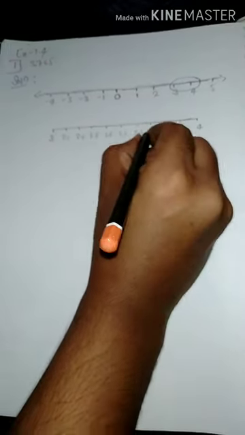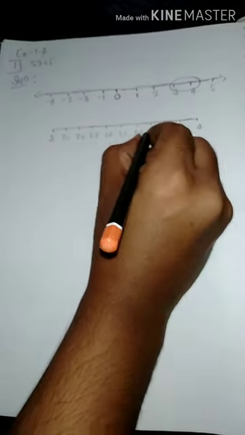Students, here 3.765 lies between 3.7 and 3.8. Here again 3.7 and 3.8 is divided into 10 equal parts.